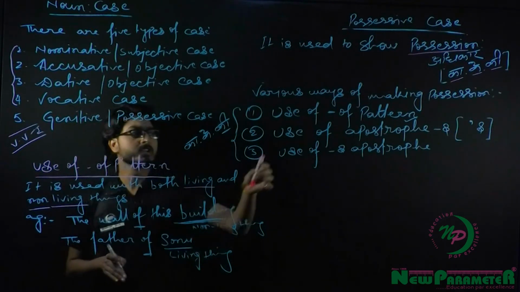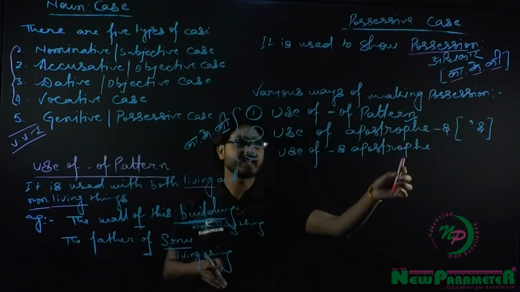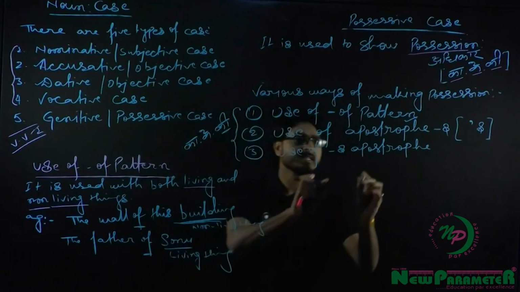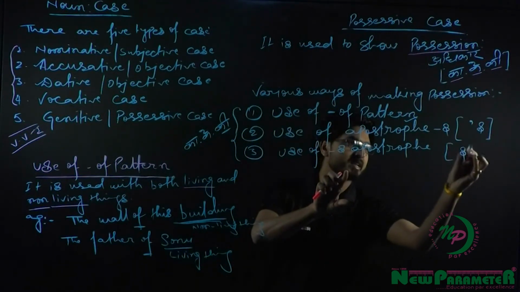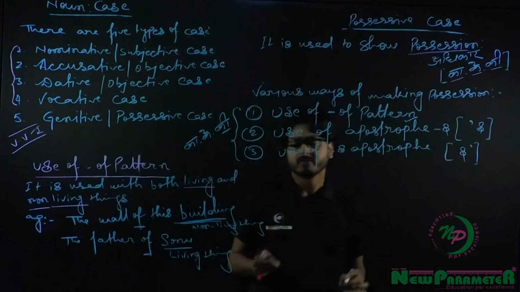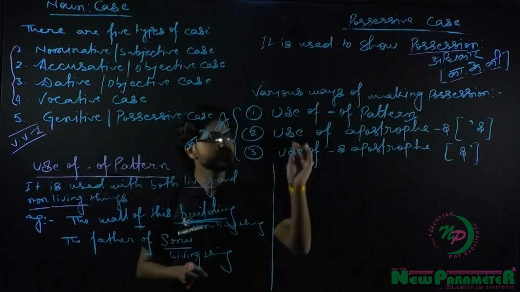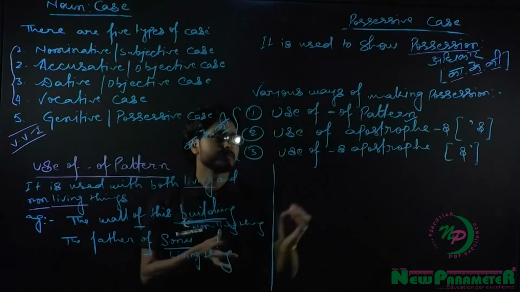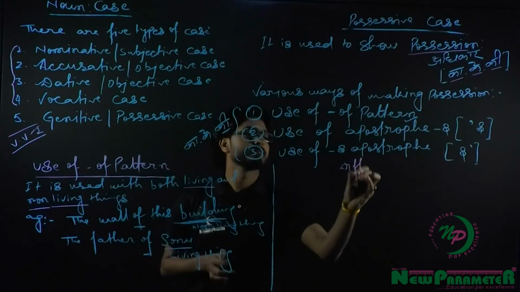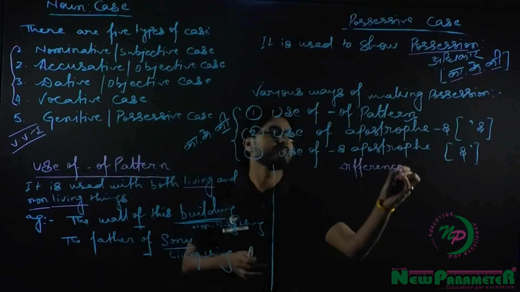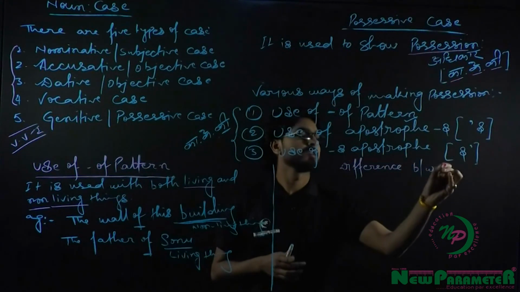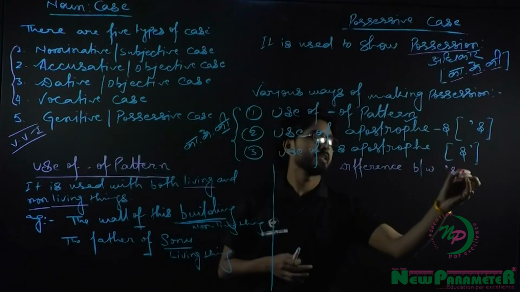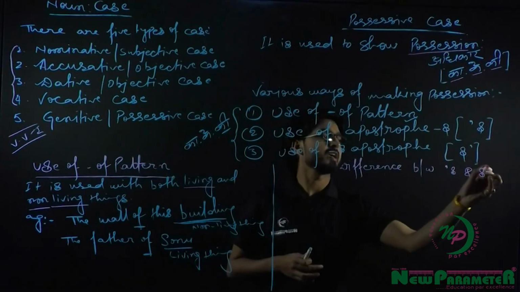Now we go for use of apostrophe s and s apostrophe. This is s and this is apostrophe. Firstly, we see the difference between apostrophe s and s apostrophe.